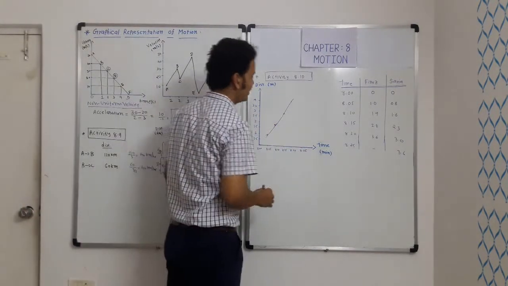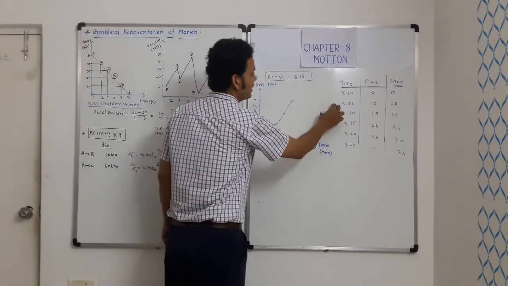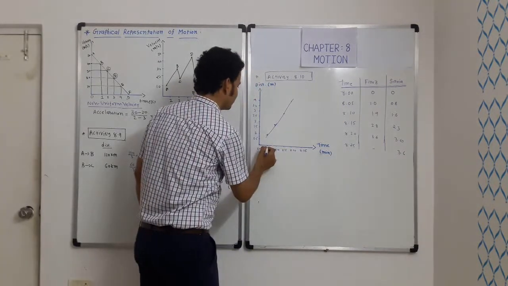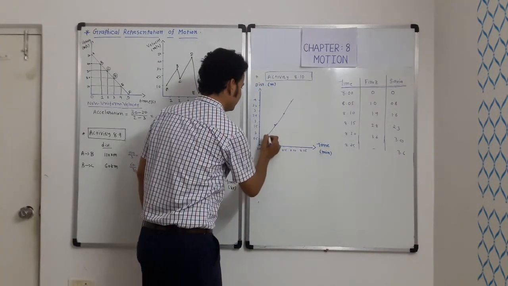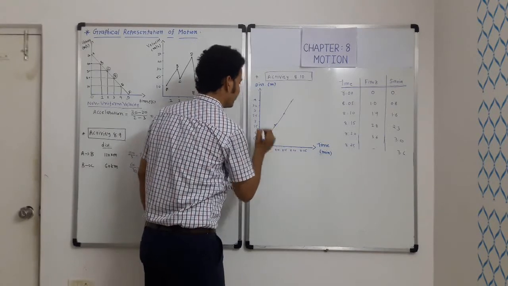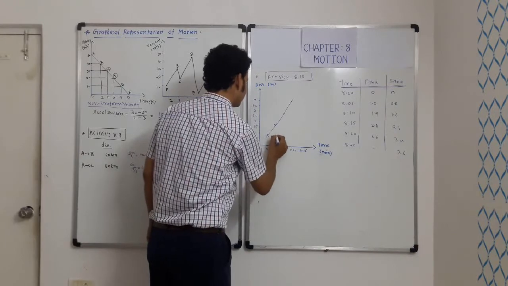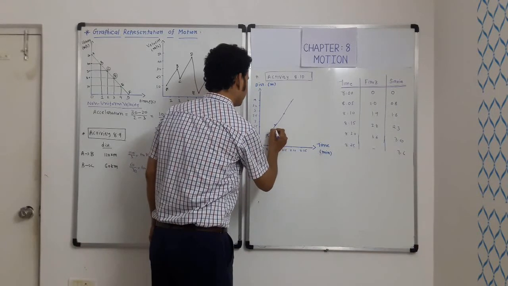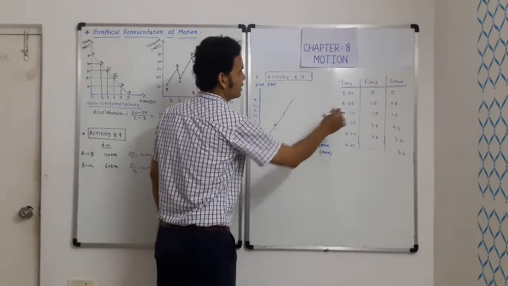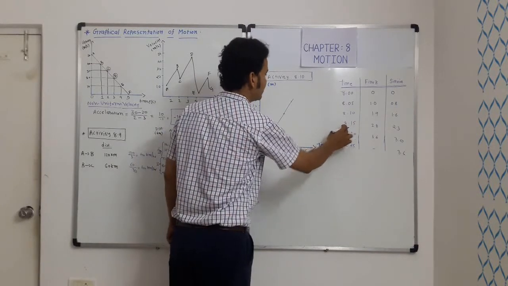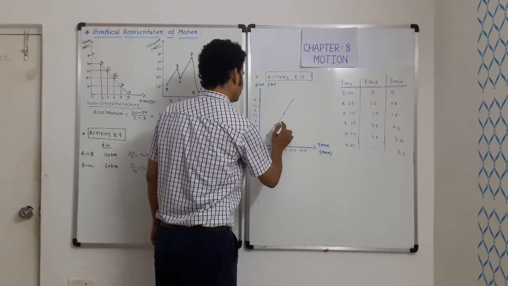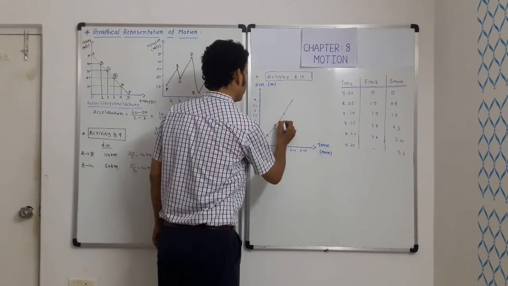Now for Sania, at 0 it is 0. At 8.5 it is 0.8, so it is somewhere here. Then at 8.10 it is 1.6, here. Then at 8:15 it is 2.3, so 2.3 is here.